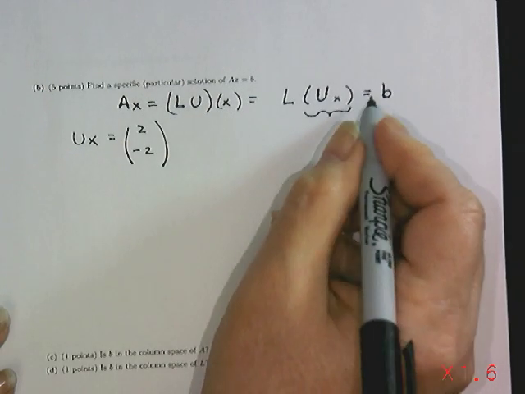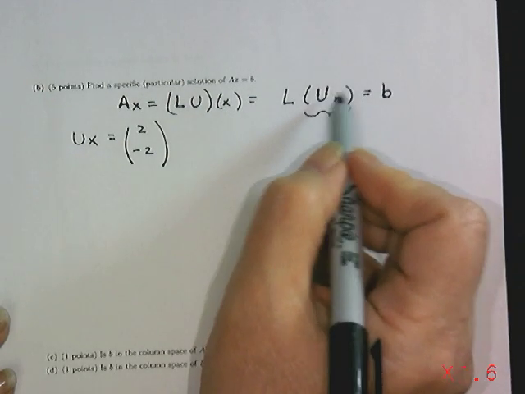That was the solution for L times something is equal to B.